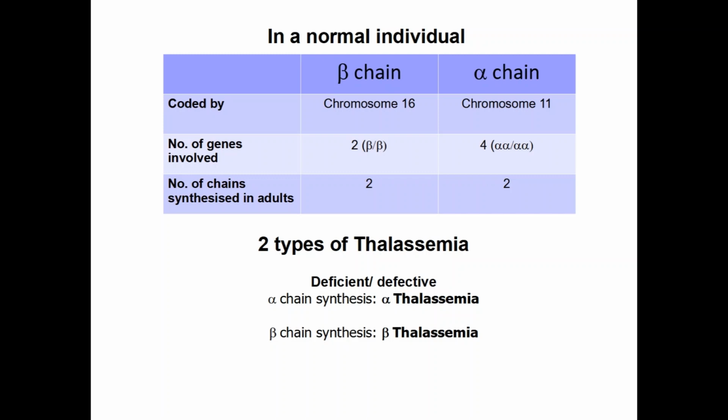The alpha chains are coded by genes on chromosome number 11, and there are 4 genes to code 2 alpha chains. There are 2 types of thalassemia. One is called alpha thalassemia, the second is called beta thalassemia. In alpha thalassemia, there is a deficient or defective synthesis of alpha globin chain, and in beta thalassemia, there is a deficient or defective synthesis of beta globin chain.